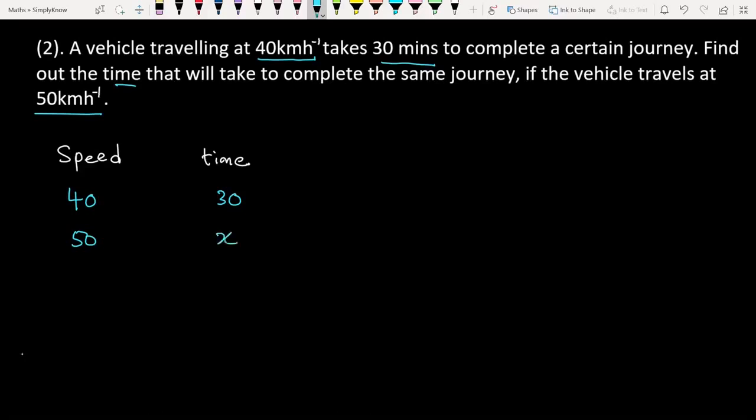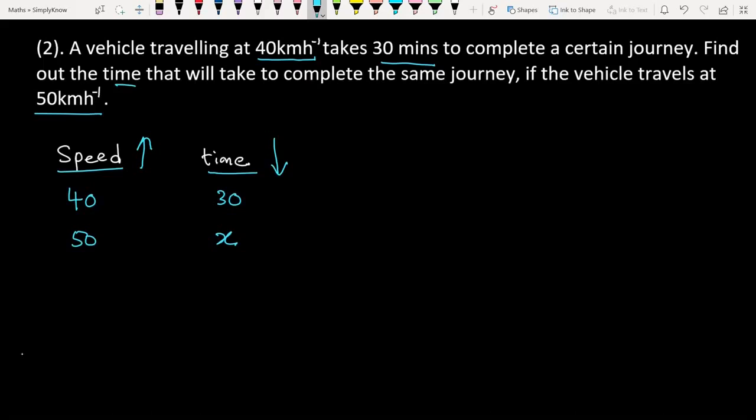So this is x. Here I'm going to use a different method. I'm going to use the knowledge of ratios related to inverse proportions. We can identify that speed and time are in inverse proportion because the higher the speed, the less time taken to finish a certain distance.